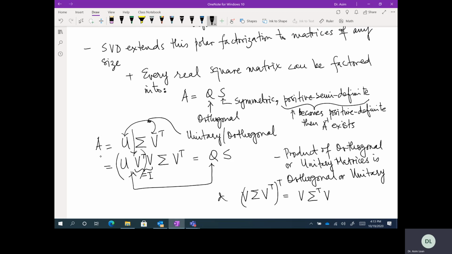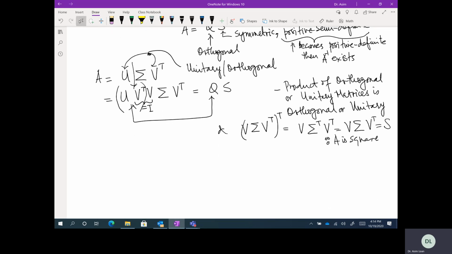But since A is square, sigma is diagonal, so we still have V sigma V transpose. This is equal to S, which is symmetric. If A is square and positive definite, then sigma doesn't have any zeros, so obviously this is invertible.